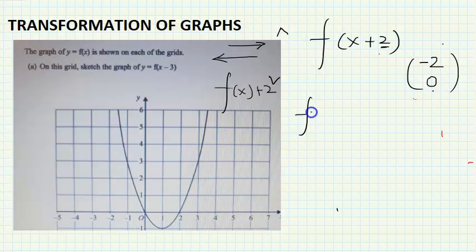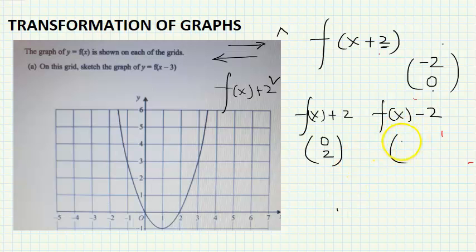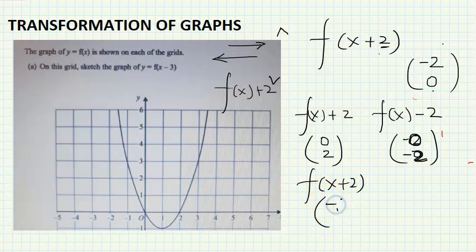So if it is f(x) plus 2, our column vector will be 0 and 2. If it is f(x) minus 2, it is 0 and minus 2. If it is f(x plus 2), our column vector is minus 2 and 0.